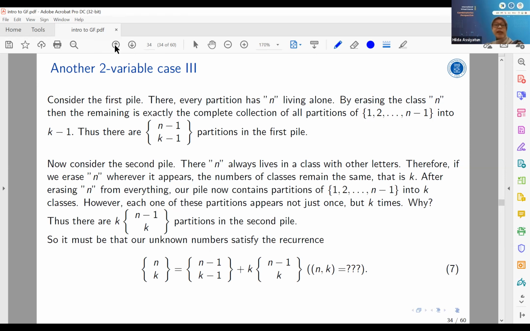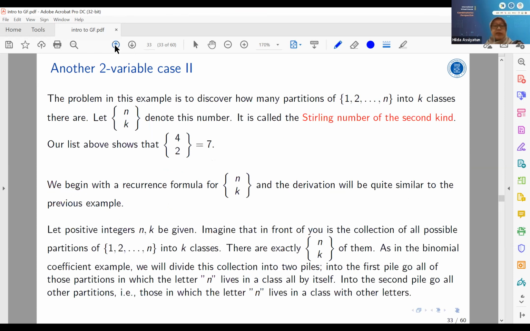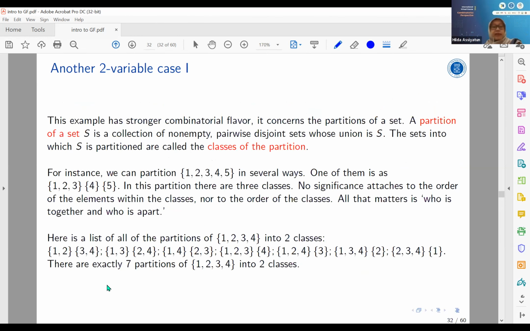For example, if we look at this one, into two classes, say we erase 4 from every place. Here we end up with partitions of 3 objects into 2 classes.